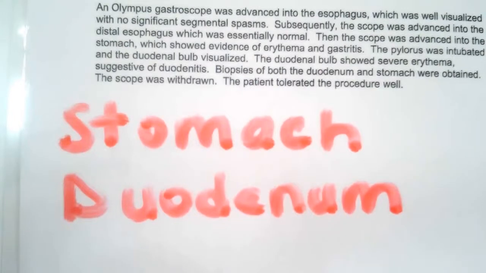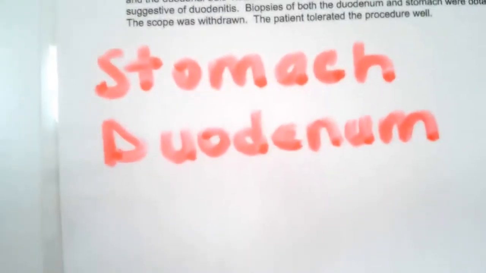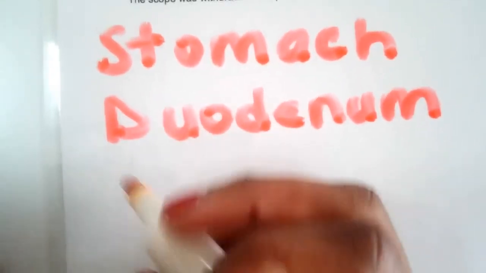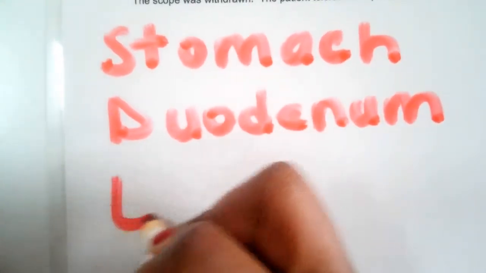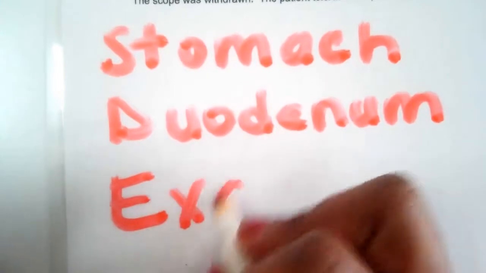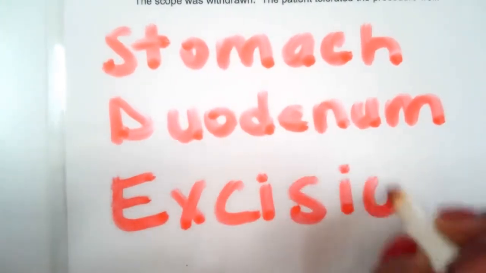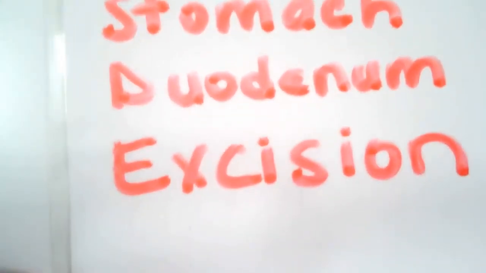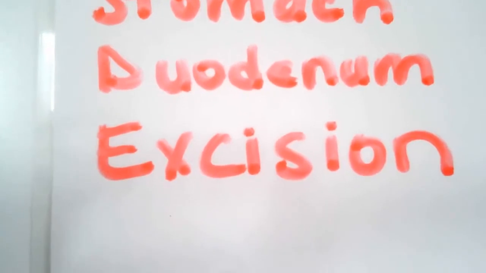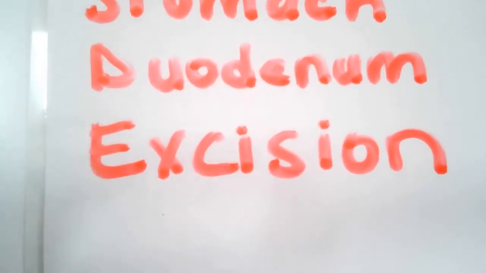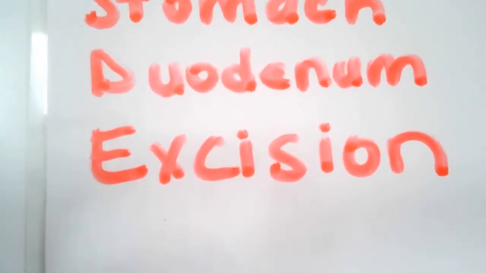Well, they did a biopsy, and in ICD-10 PCS, a biopsy is coded to which root operation? Excision. Yes, guys. Okay. So now we know our body parts, which is the stomach and the duodenum. We know our root operation, which is excision.